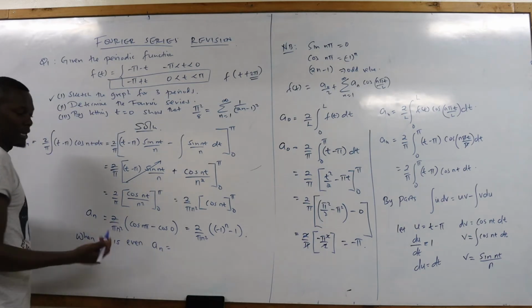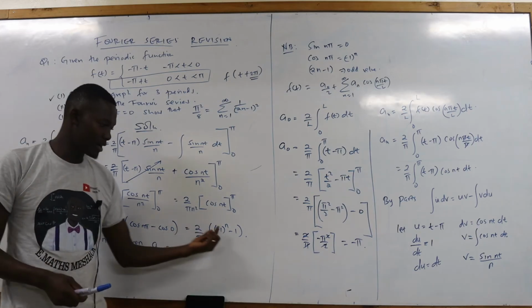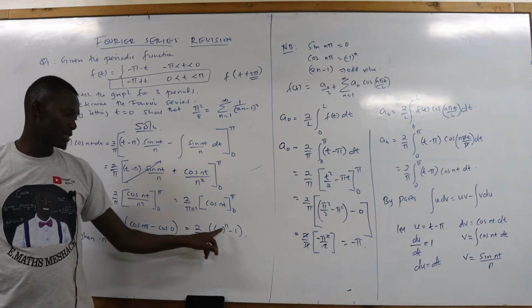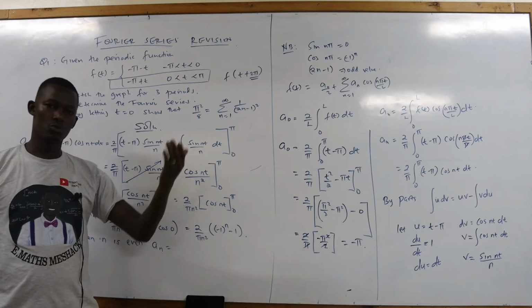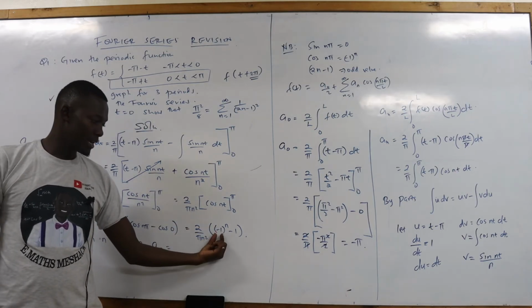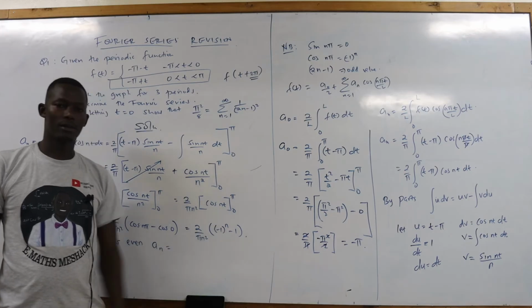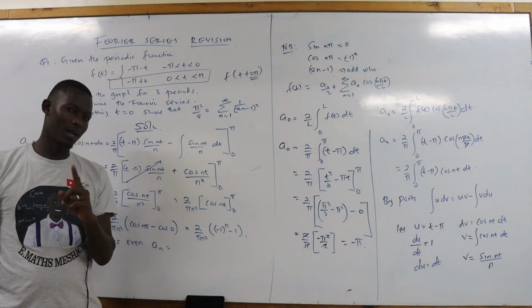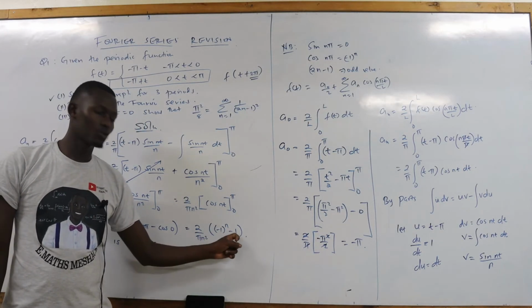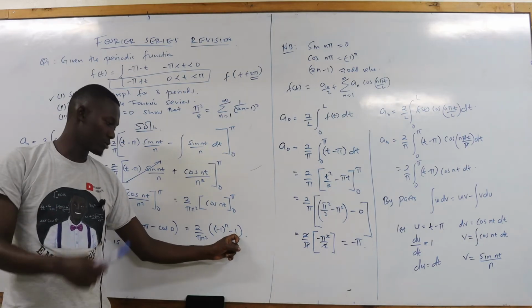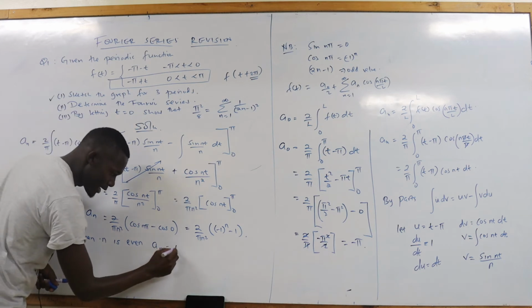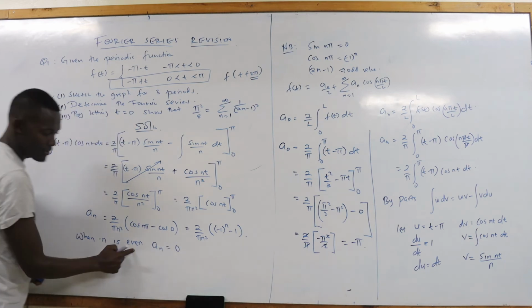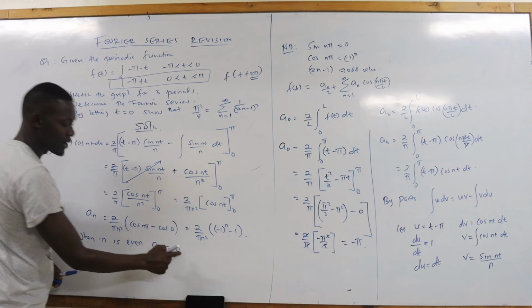Now let me put in a value. I want you to really follow here. Let's take any even number, for example 2. 2 is an even number. -1 squared gives you 1. Then 1 minus 1 gives you 0, and 0 times anything gives us 0. So when our n is even, your an value will be 0.